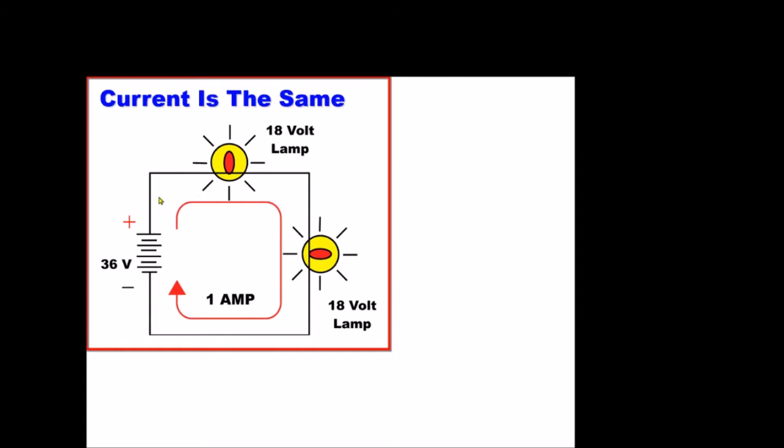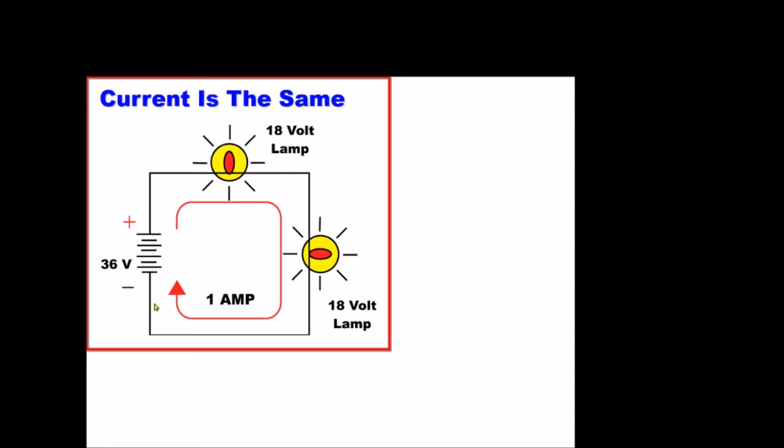Okay, now in a series circuit, we're back to 2 lamps. The current is going to remain the same throughout a series circuit. All right, so again, if I measure the current here, it's going to be 1 amp. If I measure the current here, 1 amp. If I measure the current here, 1 amp.